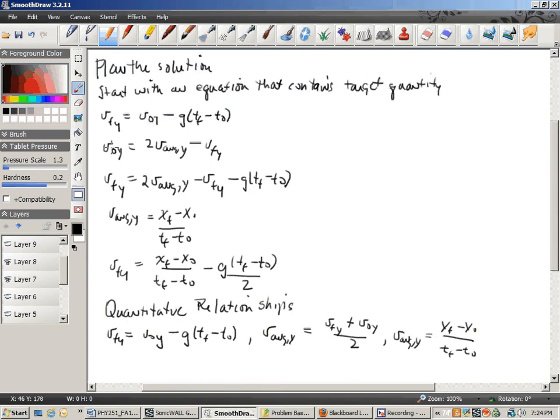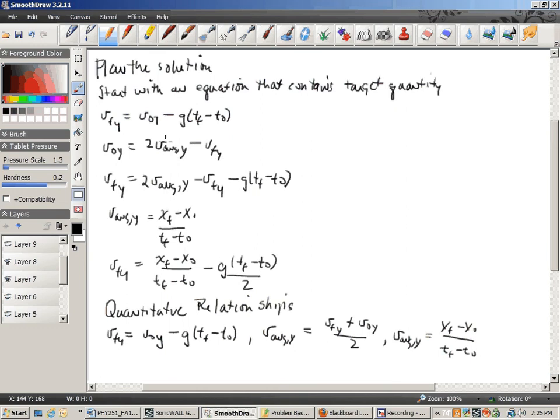Next, I put another equation down: the velocity at the lower board equals 2 times the average velocity minus the velocity as the diver enters the water.